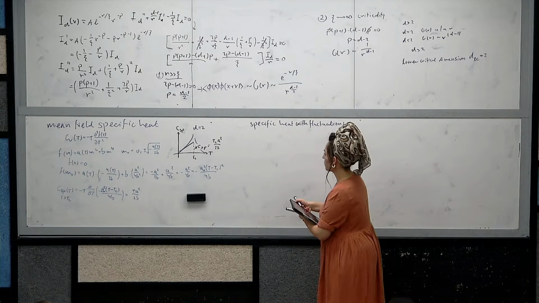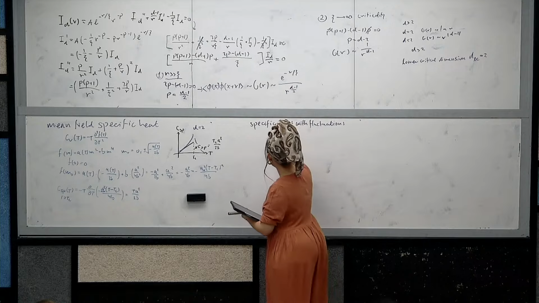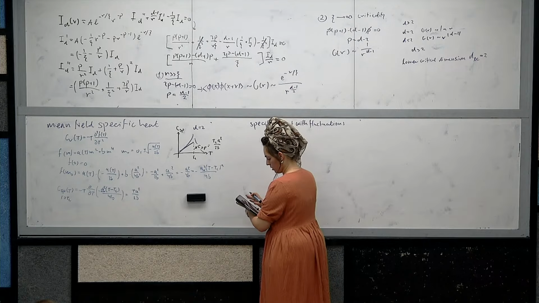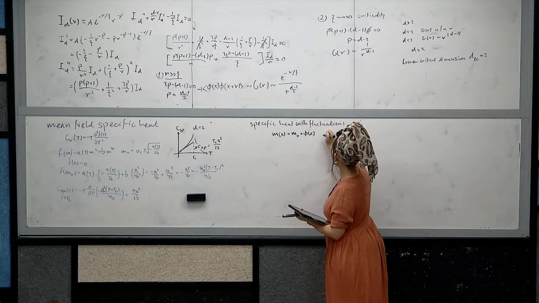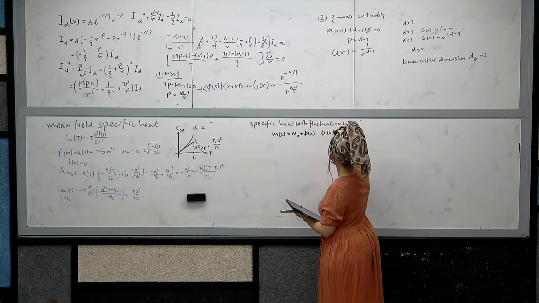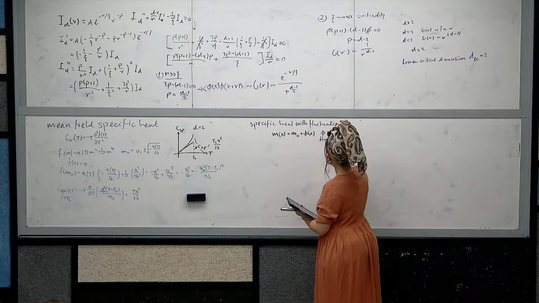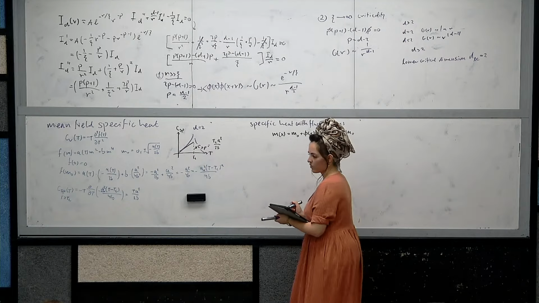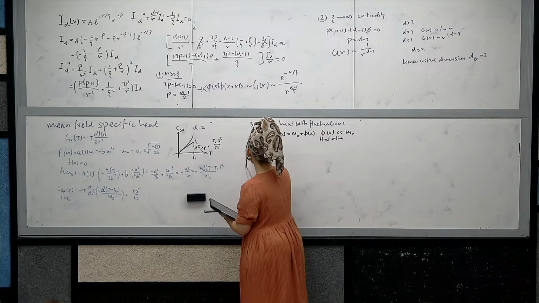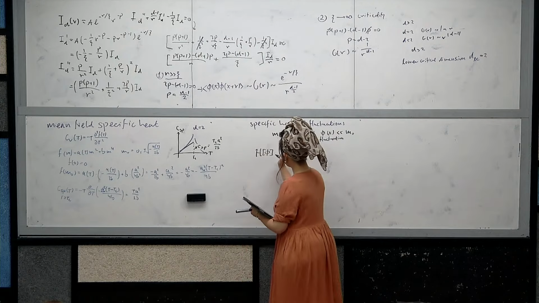Okay, so now we want to add the fluctuations. So again, we have where the x is smaller than 0, and this is the fluctuation again. So don't worry, we don't do the Fourier transform again. This is the same Hamiltonian.